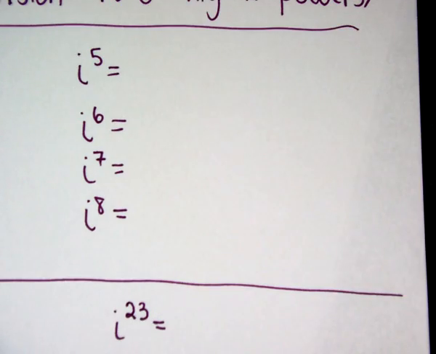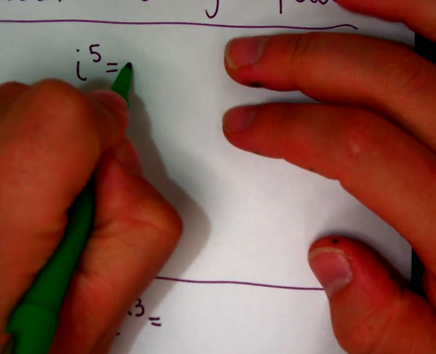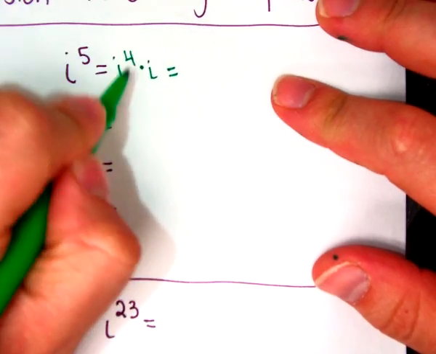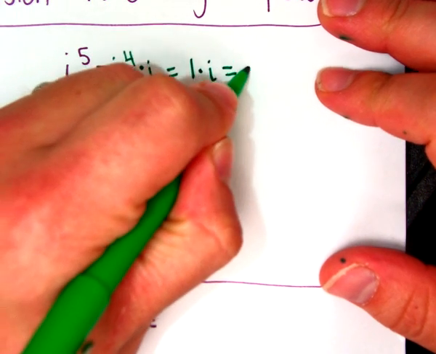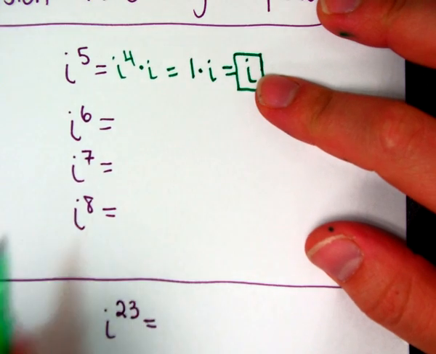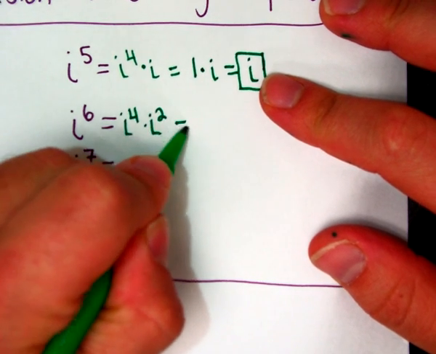i to the 5th power applies the principles that we just saw. i to the 5th power is really i to the 4th times i. And what we just saw is that i to the 4th is 1, so really this is like doing 1 times i, which means that we just have i. i to the 6th is like doing i to the 4th times i to the 2nd.